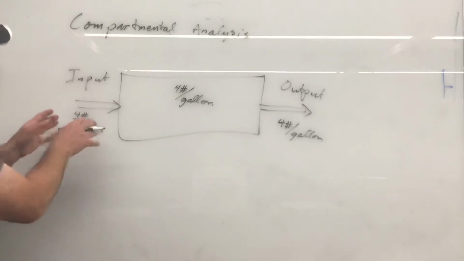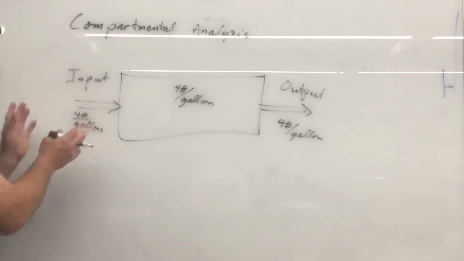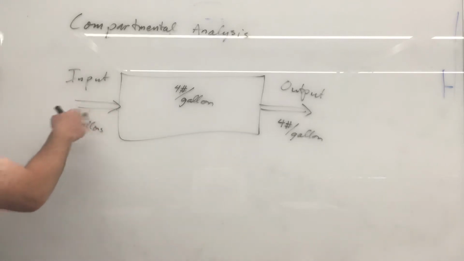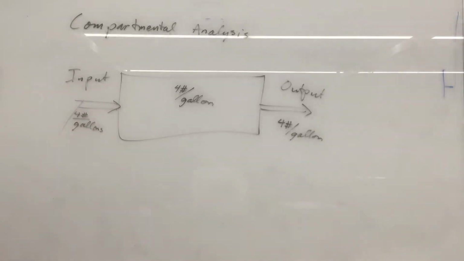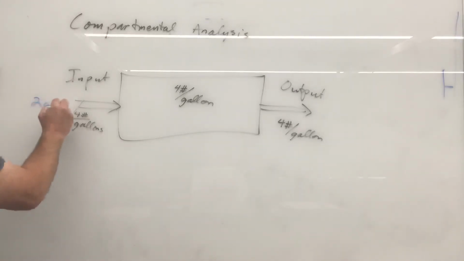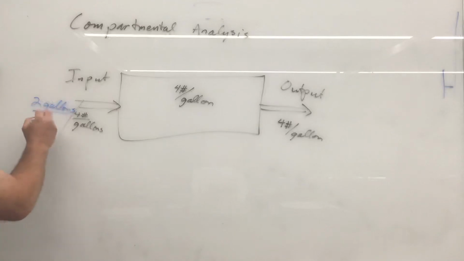Also, in addition to the concentration, I also have the rate that liquid is coming in here. Let's say it's in terms of liquid, let's say that I have 2 gallons per minute. Seems a little bit high.